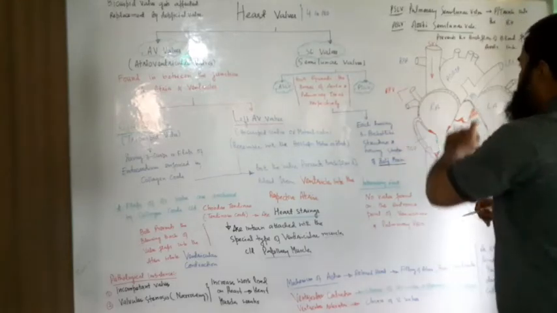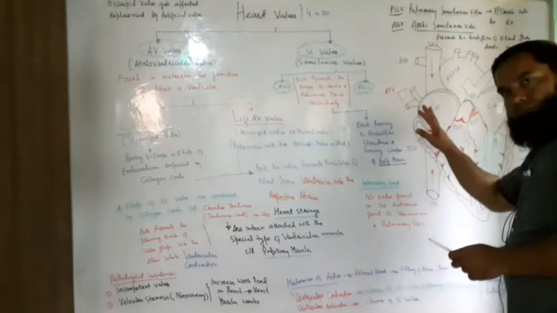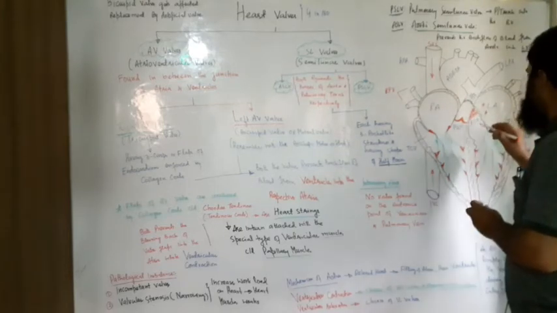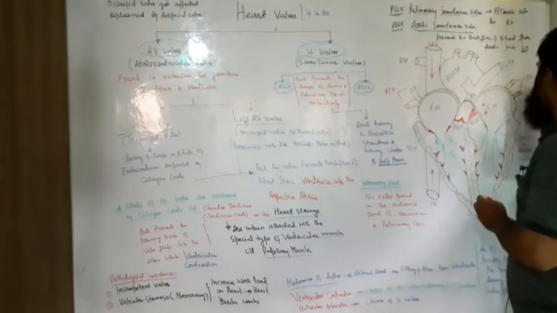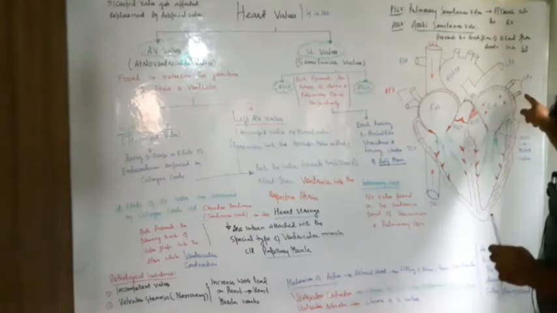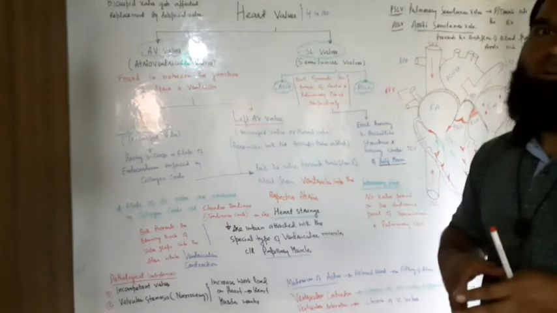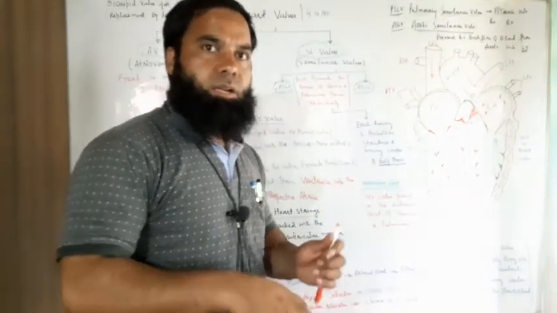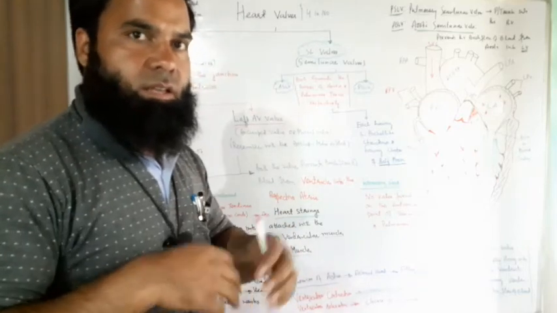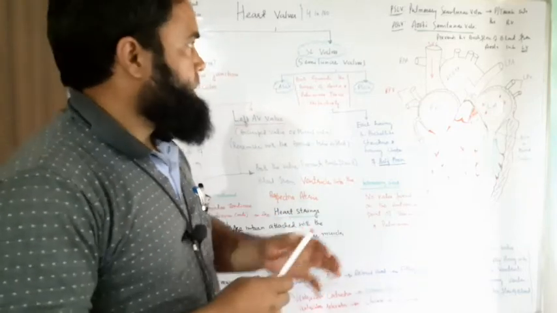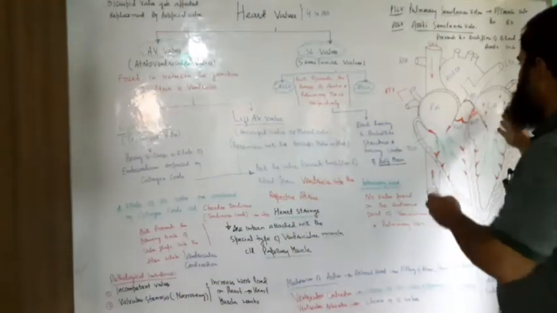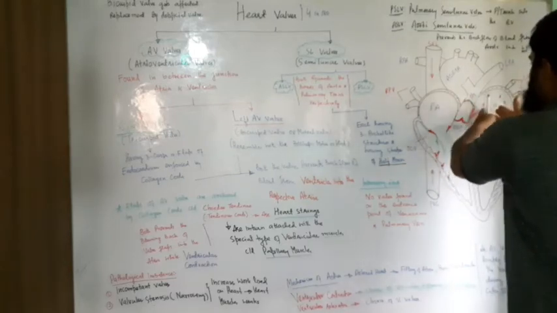The right pulmonary vein goes behind the heart and empties into the left auricle, and the left one empties into the left auricle as well. So these are also not guarded by valves. There is some sort of backflow of blood here, but that is very feeble, or minimal. That doesn't affect the flow of blood which goes into the right auricle and left auricle.